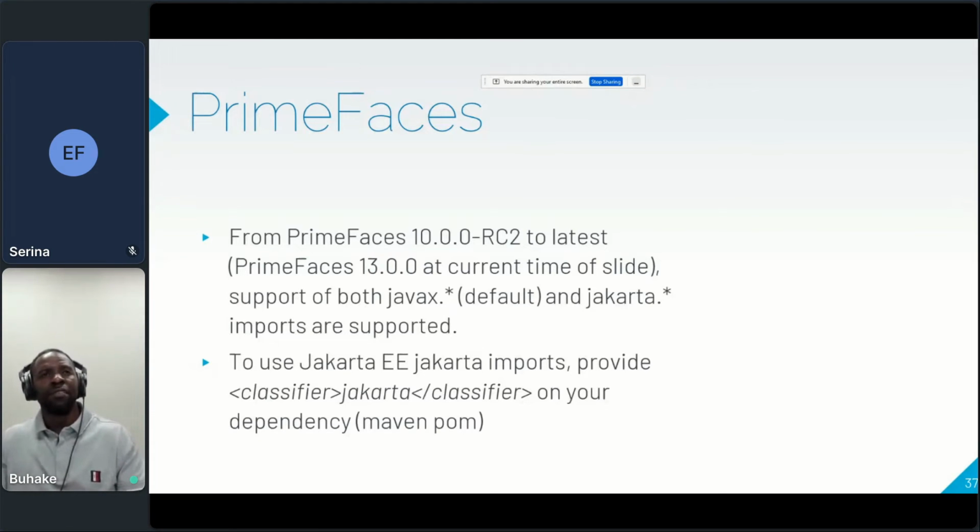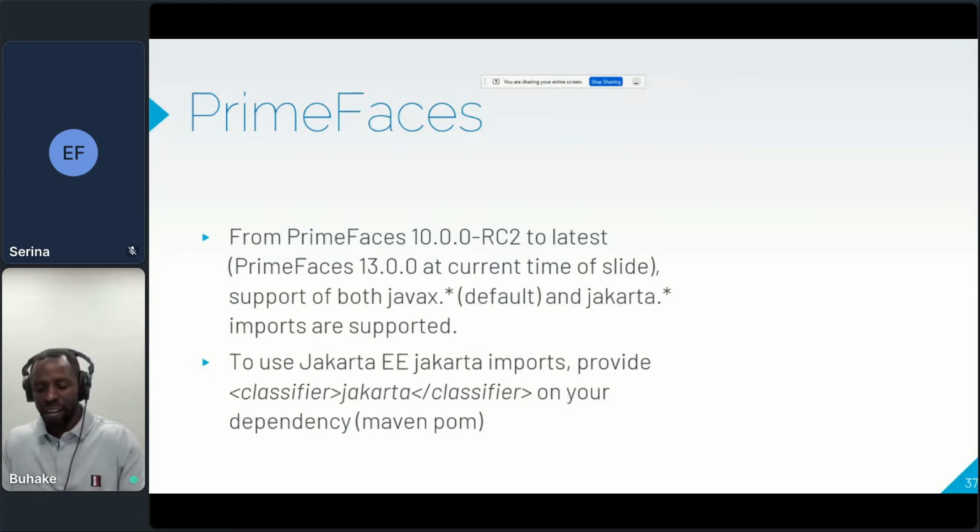And then for those that are using PrimeFaces, from PrimeFaces 10, you can use the Jakarta EE namespace. By default, it defaults to javax. So you have to specify a classifier to say Jakarta, so that it knows you are running on a Jakarta EE container, and it's going to use the Jakarta namespace. If you don't, it will try and pick up Javax libraries, especially for JSF, and then it will say, you know what?